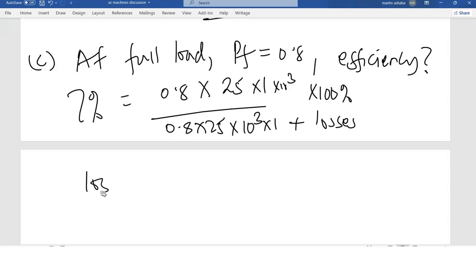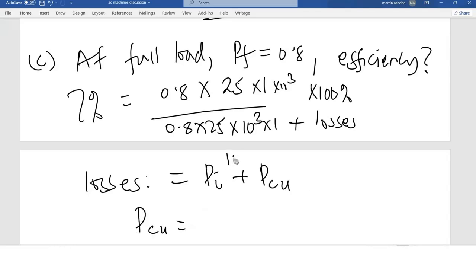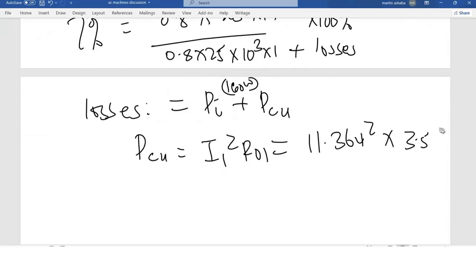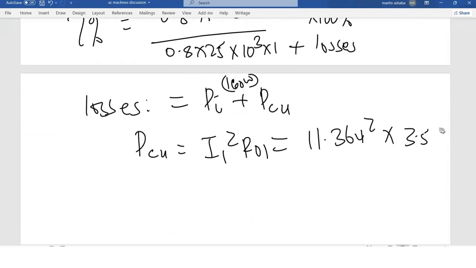So what are the losses? We have the iron losses plus the copper losses. The iron losses are given to us as 160 watts. What are the copper losses? We have I1 squared R01, where R01 is the resistance referred to the primary. So this is 11.364 squared times 3.5, because 3.5 is the resistance referred to the primary side.